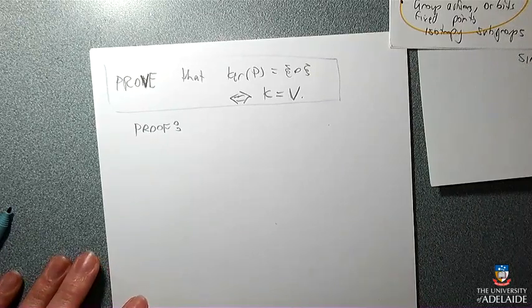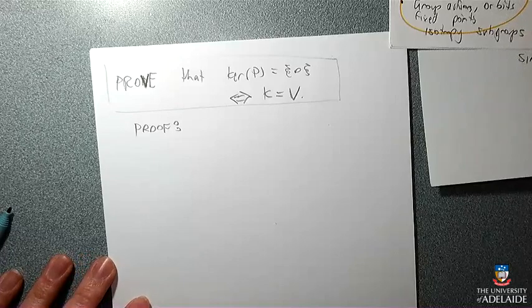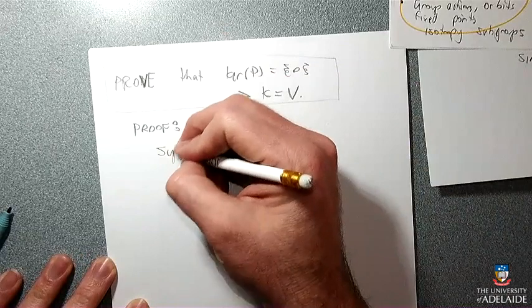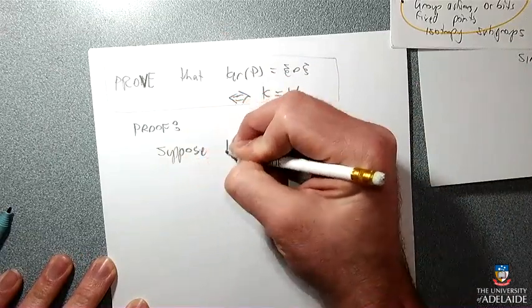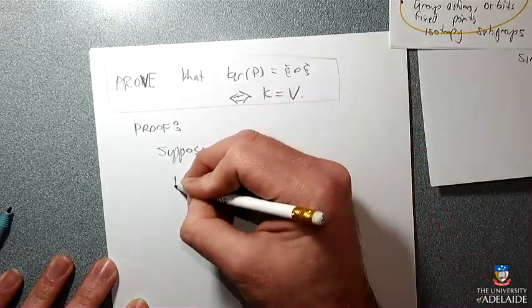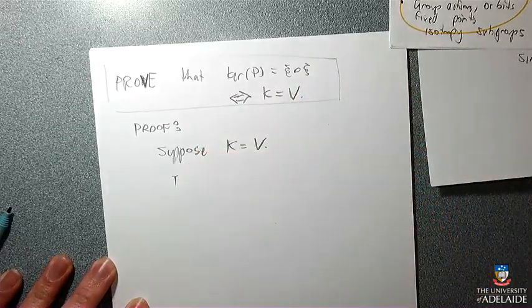Alright, so if K is in fact equal to V, let's do the other end first. Suppose K equals V. I'm doing the bit I don't know how to do yet, because I already know how to do the other bit; I might as well do the hard bit first.